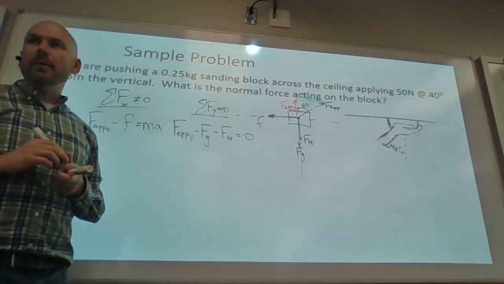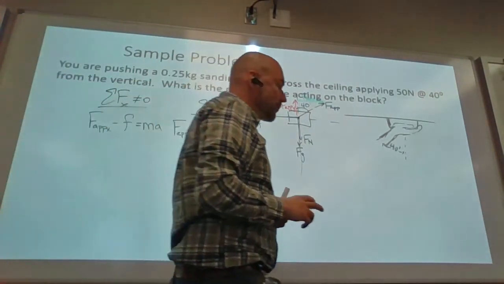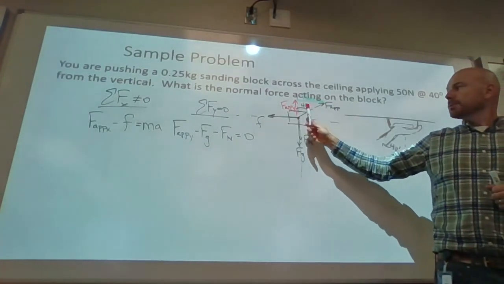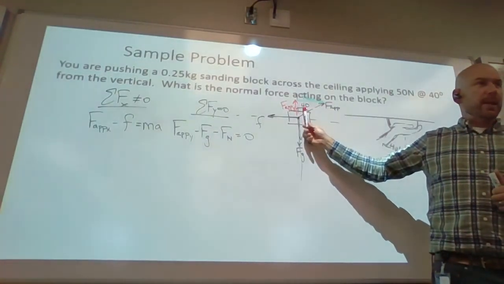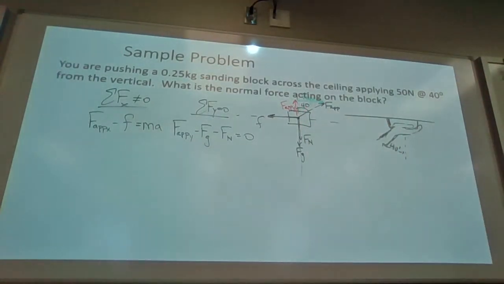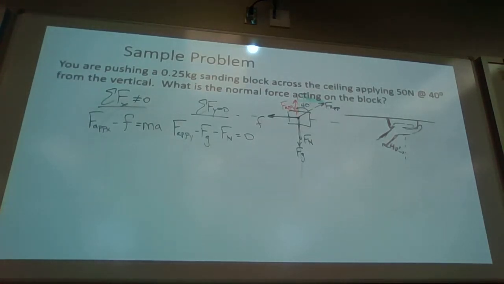So on this triangle, relative to this angle, is the red side the opposite, the adjacent, or the hypotenuse? The red side of the triangle relative to the 40 degrees.